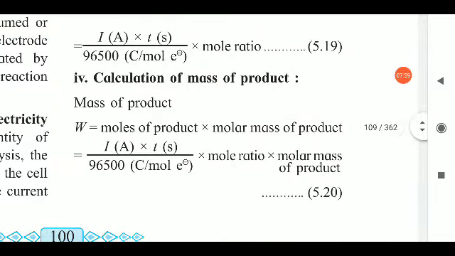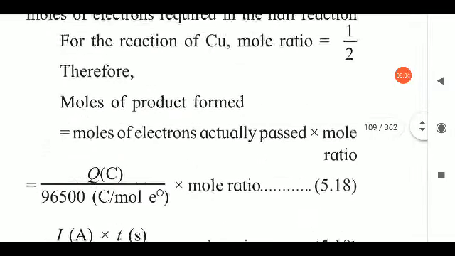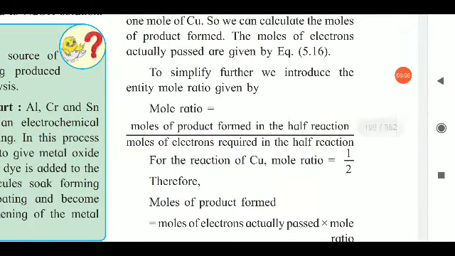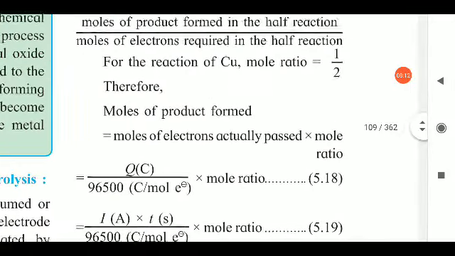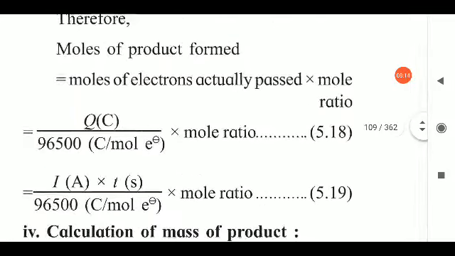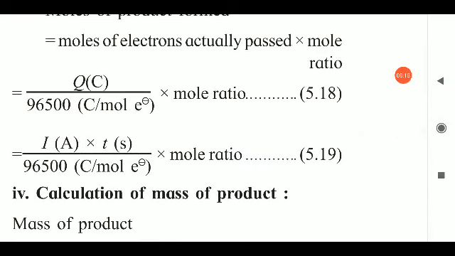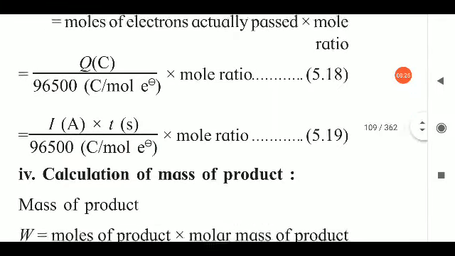Now students, after getting the moles of electrons which are actually passed, and all the things which we require, moles of product formed, this is the formula which we have simplified, and we have converted it into 5.19.